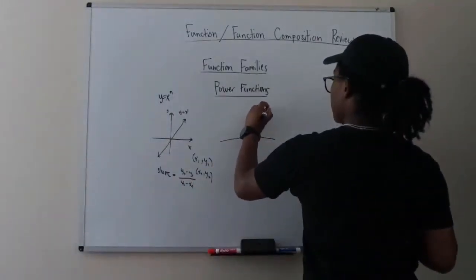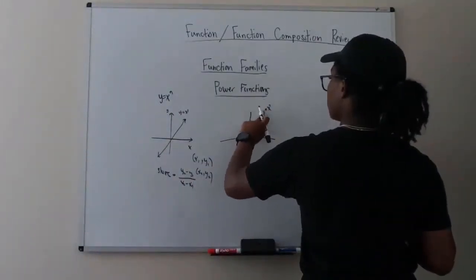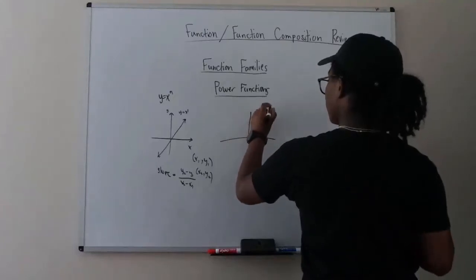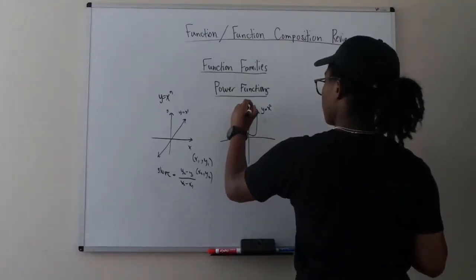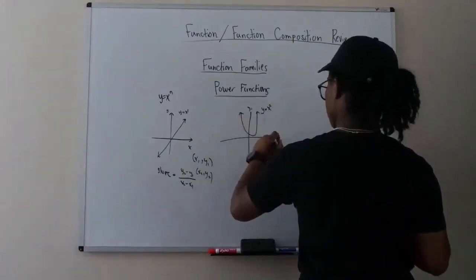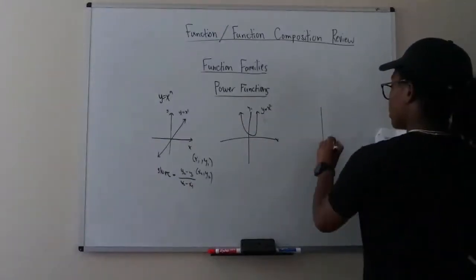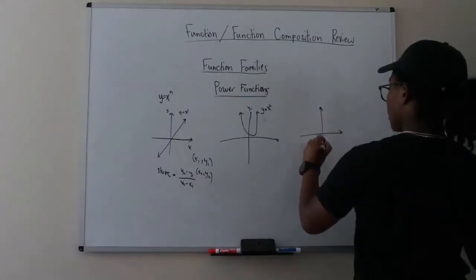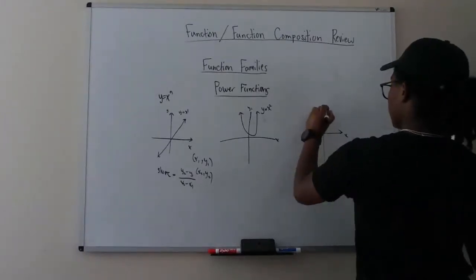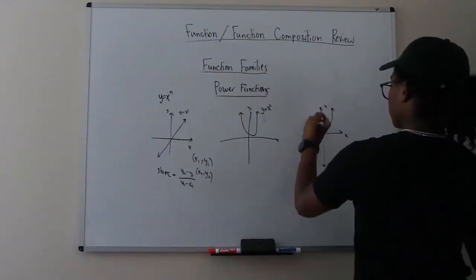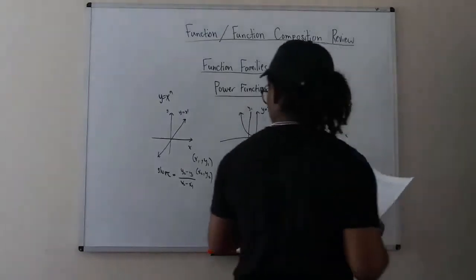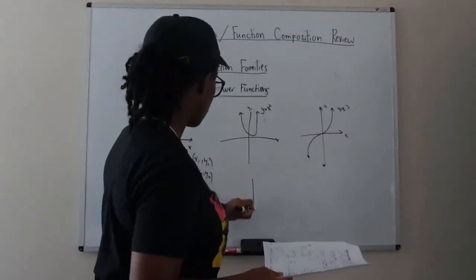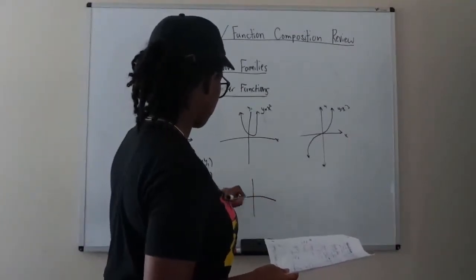Okay, so let's say y is equal to x squared. It's going to be a parabola. Let's say y is equal to x cubed. And then you can go y is equal to x to the fourth again.